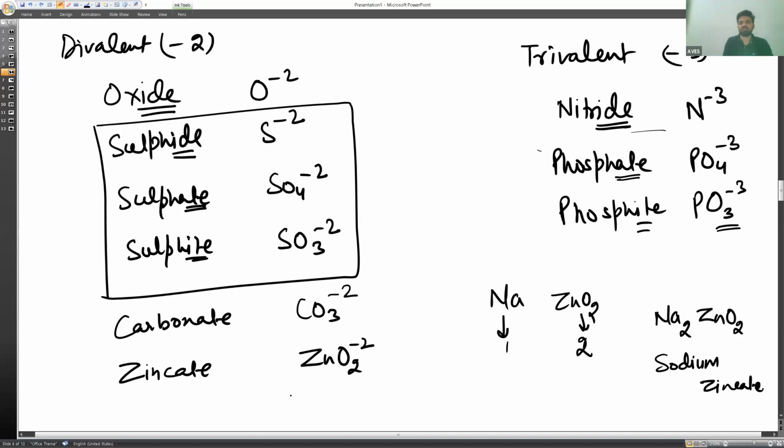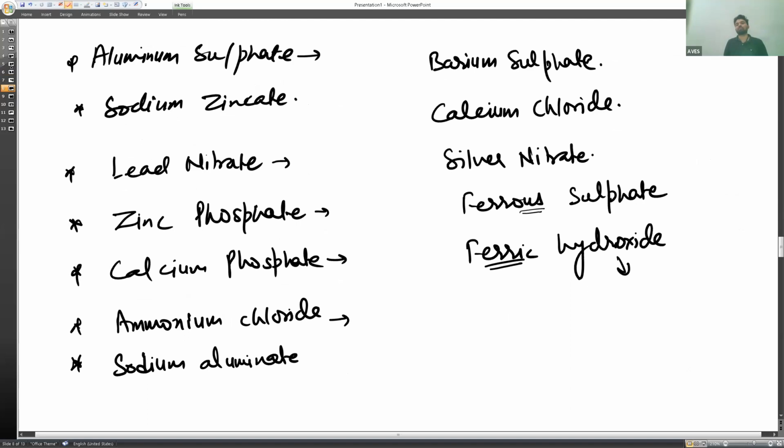With the help of the chart that you have written in your copy, try to write the formula of these compounds: aluminium sulfate, sodium zincate, lead nitrate, zinc phosphate. Write down the names of the compounds first and then write their chemical formulas.